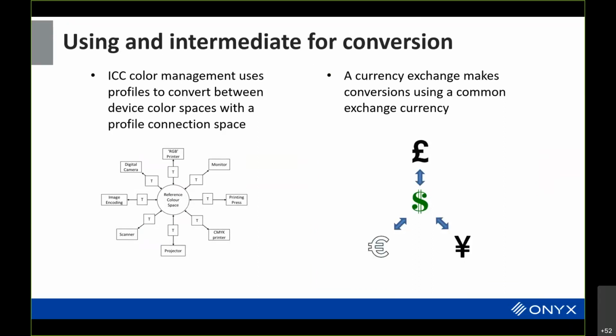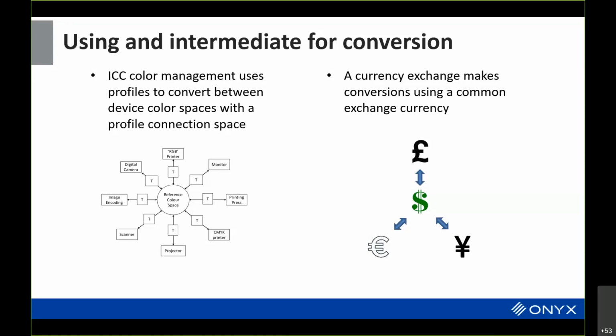If you want to add another currency, you just come up with the exchange rate between dollars and that currency, and then you can convert from any currency to any other currency. The same thing is done in color management. You have profiles that convert between the device space, the units of the device, whether RGB display units or ink amounts or whatever, to a reference color space, which is known as a profile connection space.